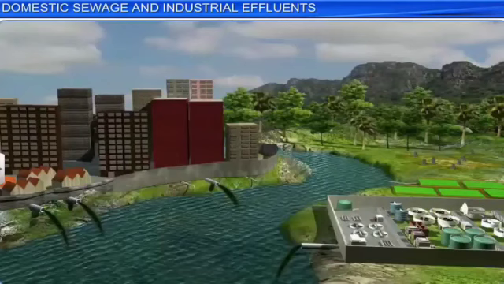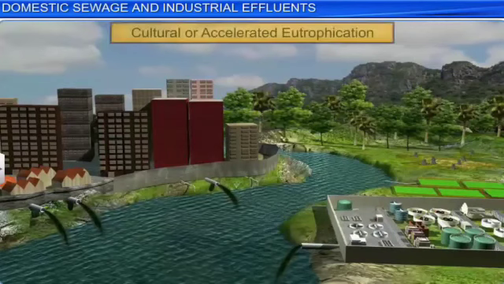In addition to sewage, human activities such as agricultural runoff accelerate the aging process of lakes. This phenomenon is called cultural or accelerated eutrophication.